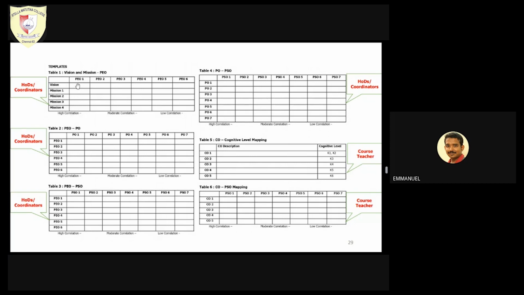Just count the entries and divide by the total count. How many total entries are there in this first box? 5 rows and 6 columns, so it's 30 entries. So the number of high correlation entries divided by 30, multiplied by 100, will give you the percentage, and just round it off.